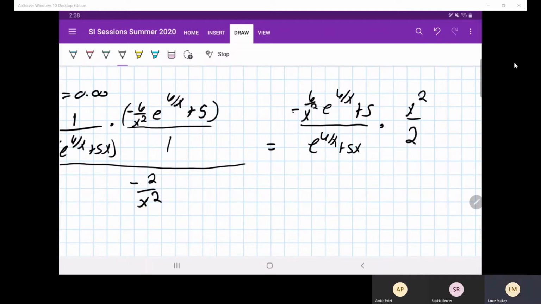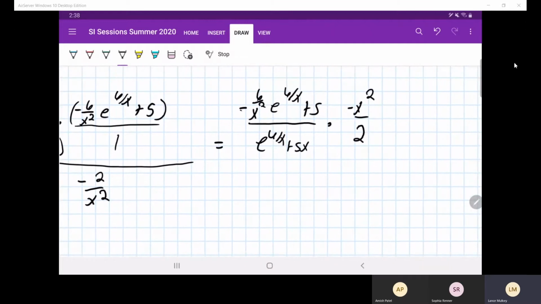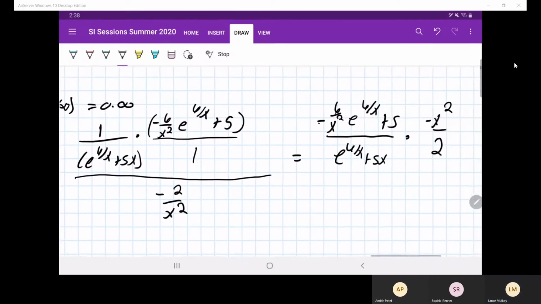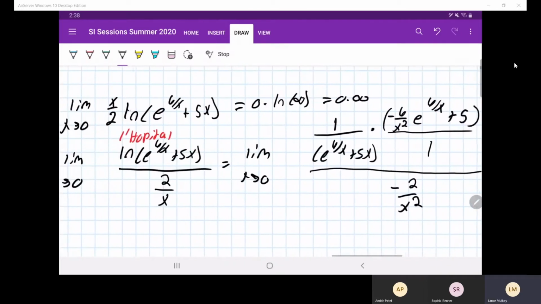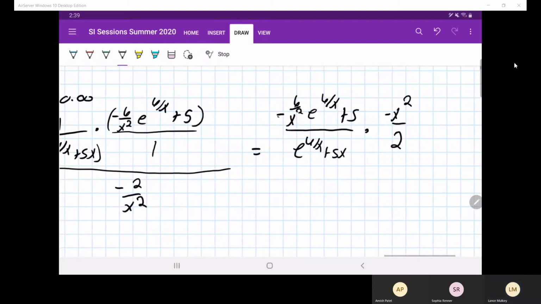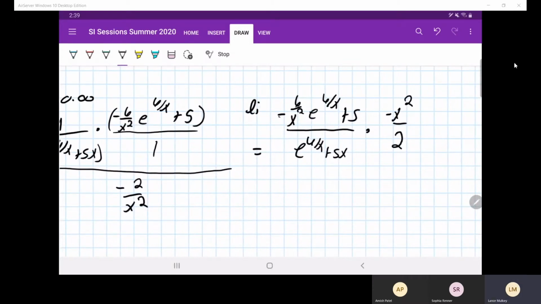Just keep it, change it, flip it. Those negatives will drop. And since it was a natural log, you have to do 0 plus because you can't have a negative number. So it can only be from the right. And don't forget your limit.